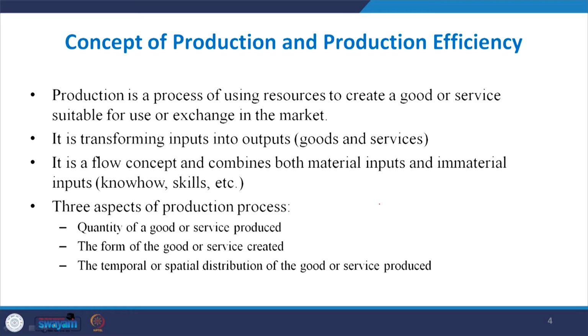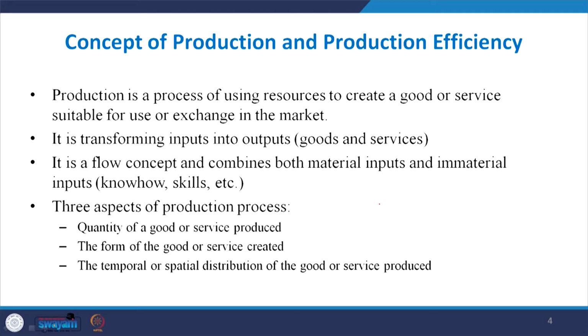Output may be quantitative output like goods or output of services. So, when we convert inputs into output, that is called the production process, and production is a flow concept and it combines both material as well as immaterial inputs. So, what are the material inputs?